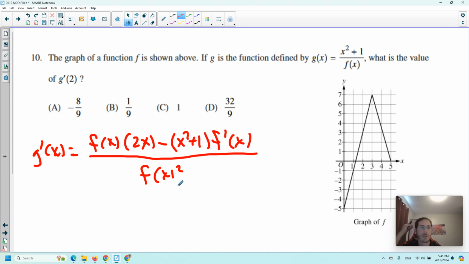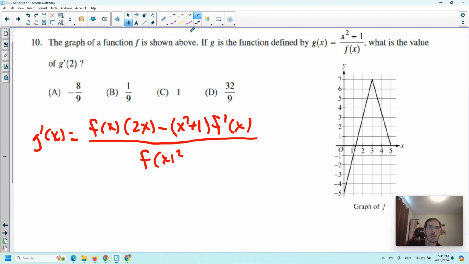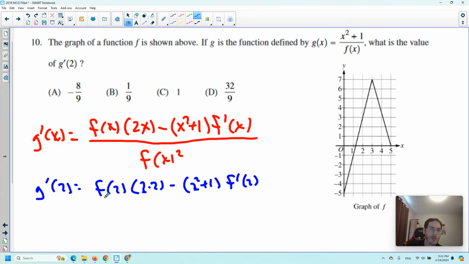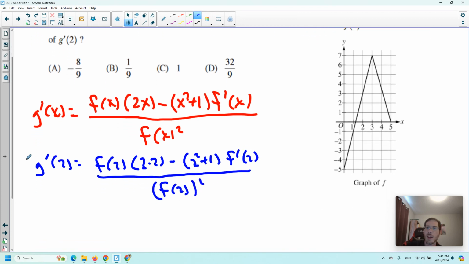All right, so if we plug in 2, we can get some more stuff going. So g prime of 2, f of 2, 2 times 2, minus 2 squared plus 1, times f prime of 2 over f of 2 squared.